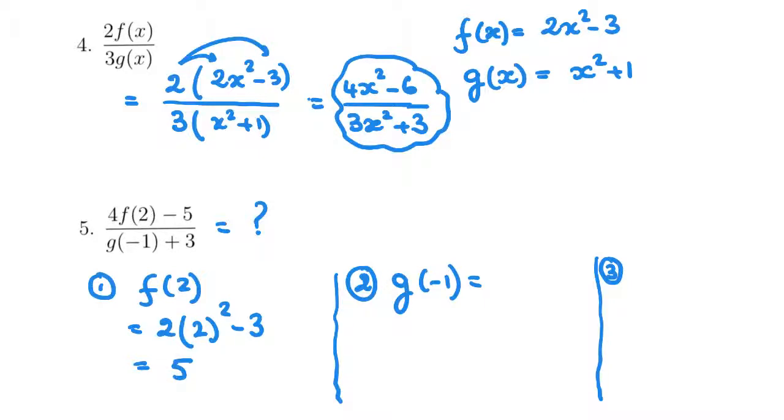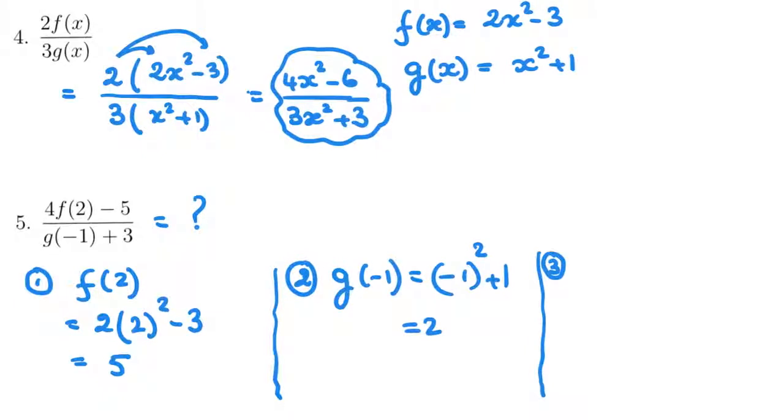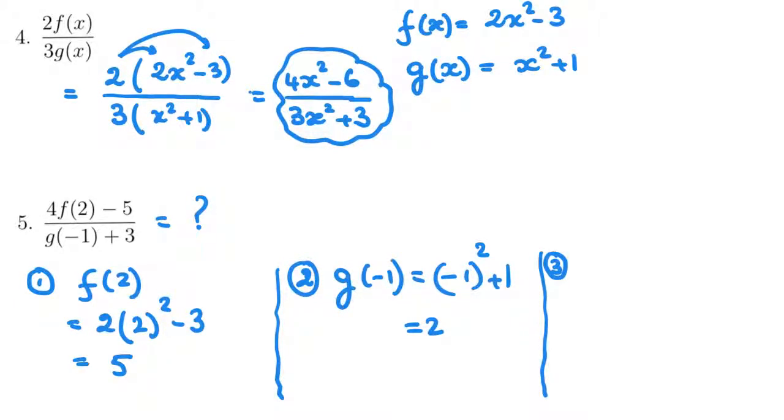So f of 2 is 5. G of minus 1 is minus 1 squared plus 1. So it's actually 2.